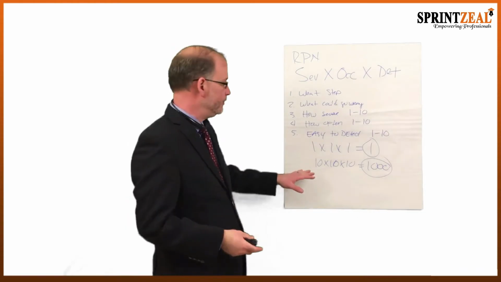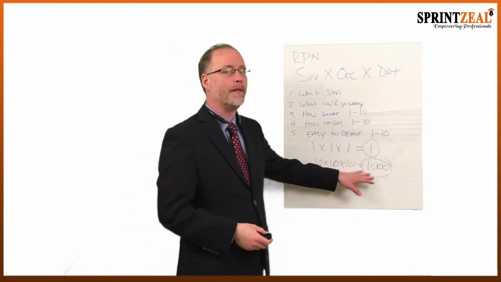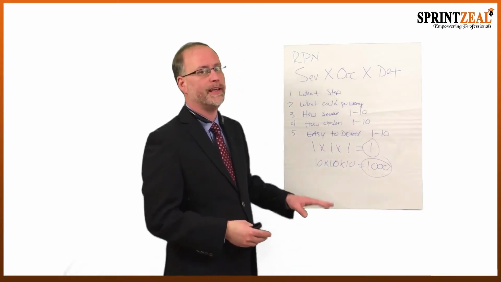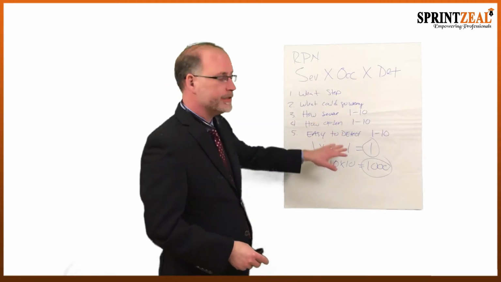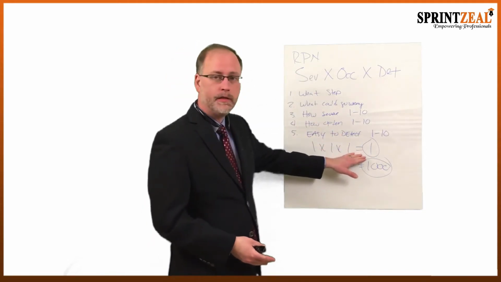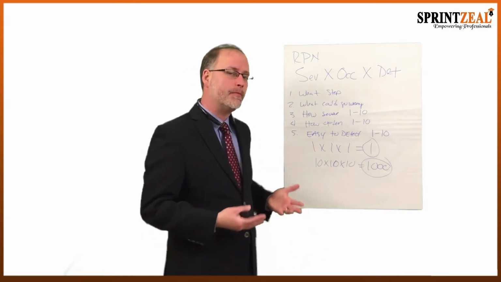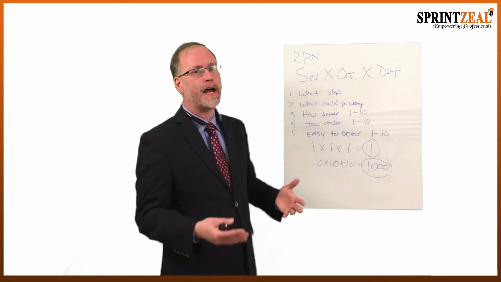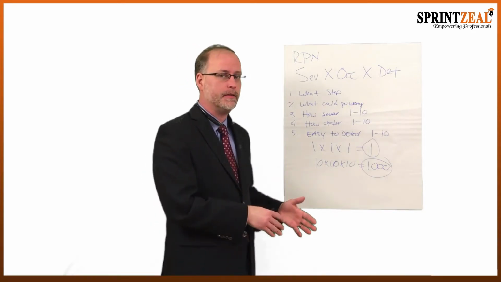Then it would be 10 times 10 times 10, which is 1,000, which would be the absolute worst case scenario. So our RPN is going to range from 1 to 1,000. Now remember, the higher the RPN, the higher the priority that particular failure mode is for our plan.